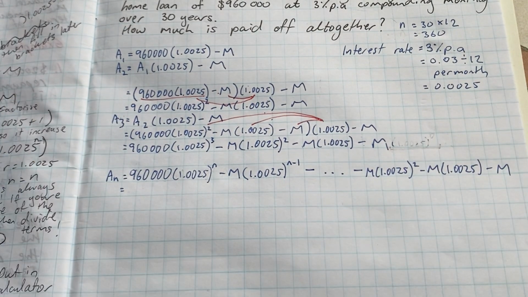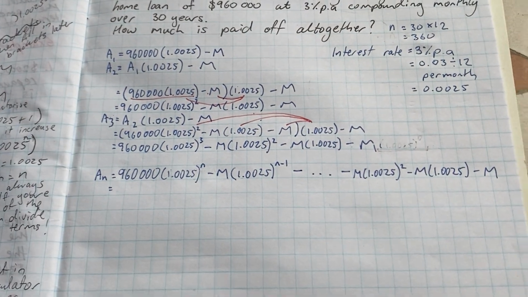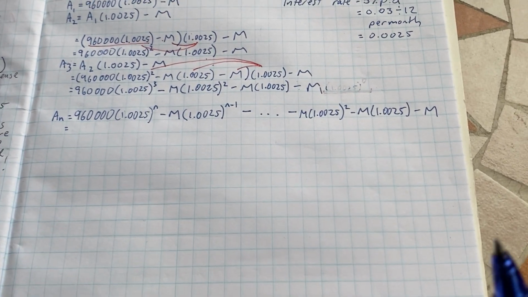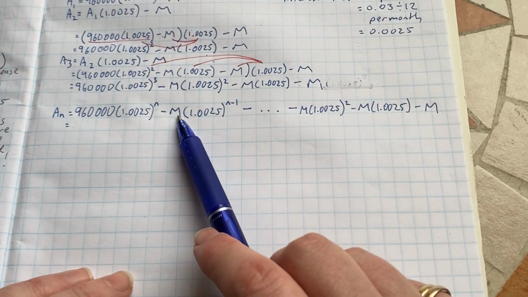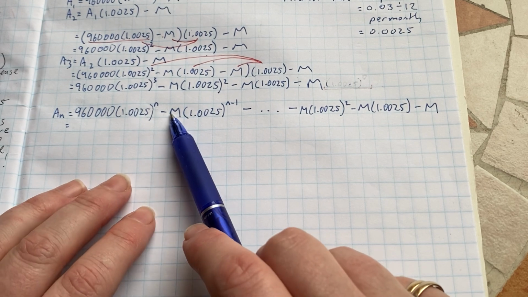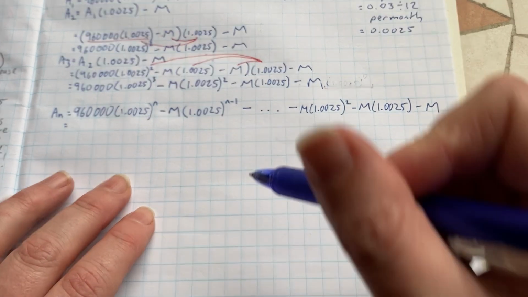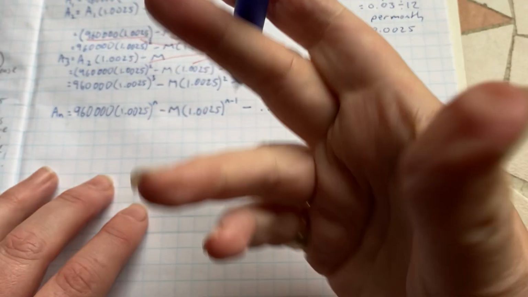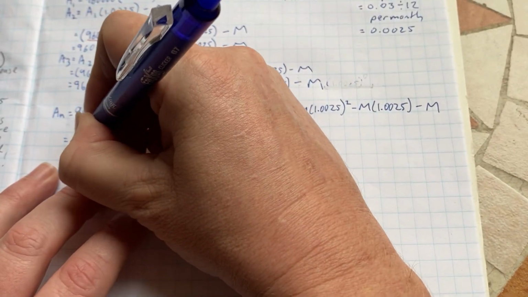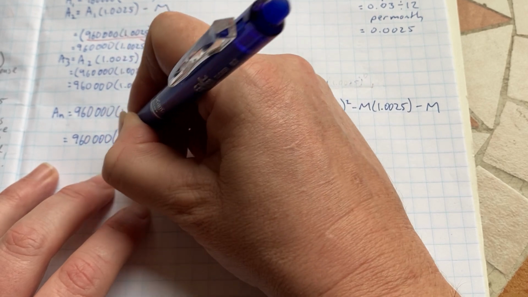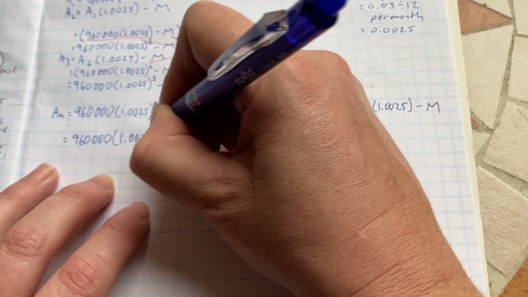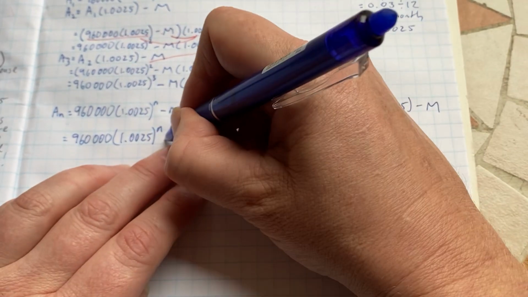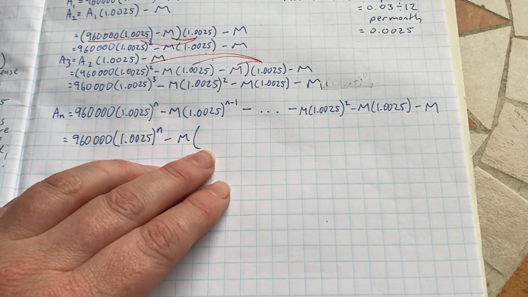Okay, so what you want to do now is factorize out the m's so that this whole thing becomes a bracket. So 960,000 times 1.0025 to the power of n minus m bracket.